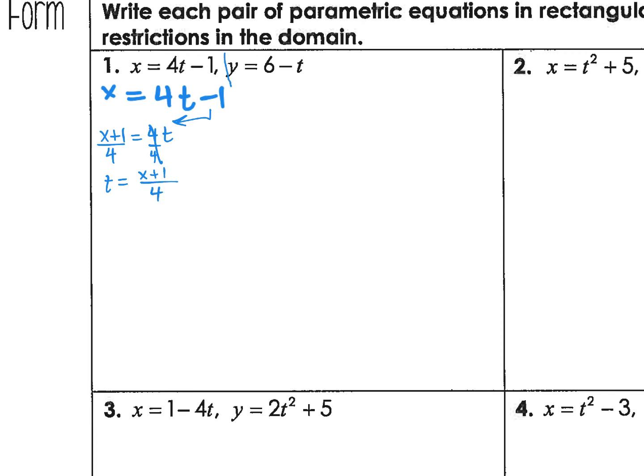So that's this piece. Now I have to take and put it where? Yep, I'm going to take all of this and plug it in right there. Get it? So let's actually do that now. So now we have y equals 6 minus (x plus 1) over 4.